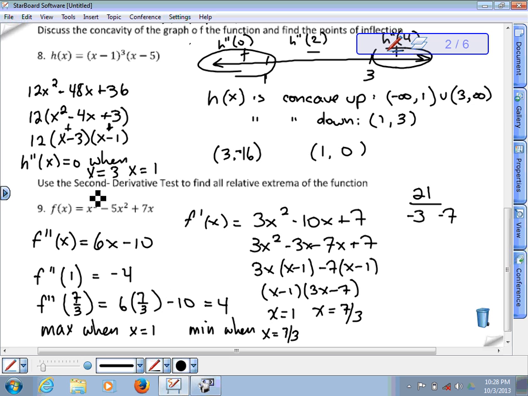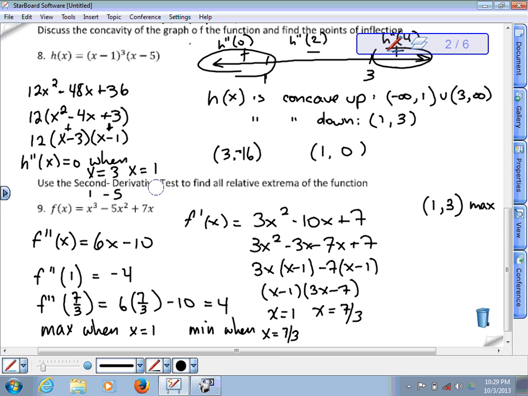If we plug in a 1, 1 cubed is 1, minus 5 times 1 squared is minus 5. That's negative 4, and then we add 7, so that turns into a 3. So 1 comma 3 is the relative max.